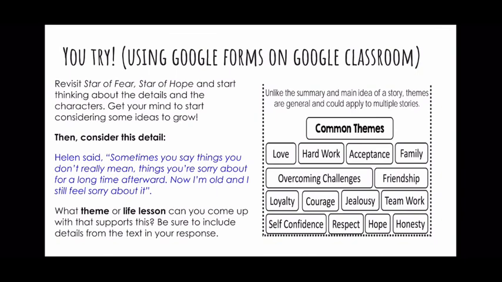Why does that detail maybe support friendship? It could. I want you to tell me what theme or life lesson, and even if your life lesson or theme is not on this chart, that's perfectly fine too. I want you to develop a theme and then go back and find evidence and use that ways to push your thinking chart to connect your evidence, your theme, and even to your own personal life.